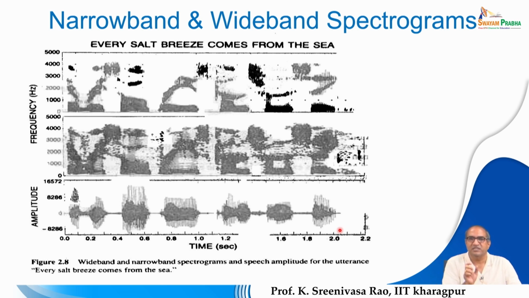The first frame will be 0 to 20 milliseconds, the next frame 1 to 21, and the next 2 to 22. We shift the frame by 1 millisecond, so from the first frame to the second there is an overlap of 19 milliseconds. The remaining 19 milliseconds of the first frame is common with the beginning 19 milliseconds of the second frame.